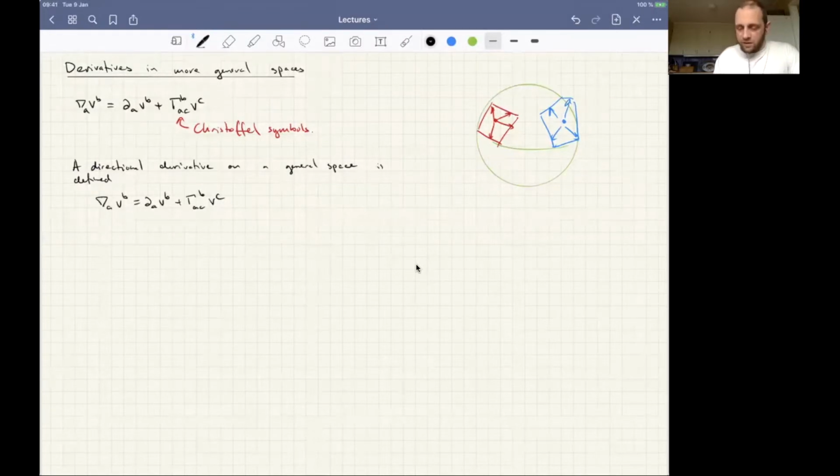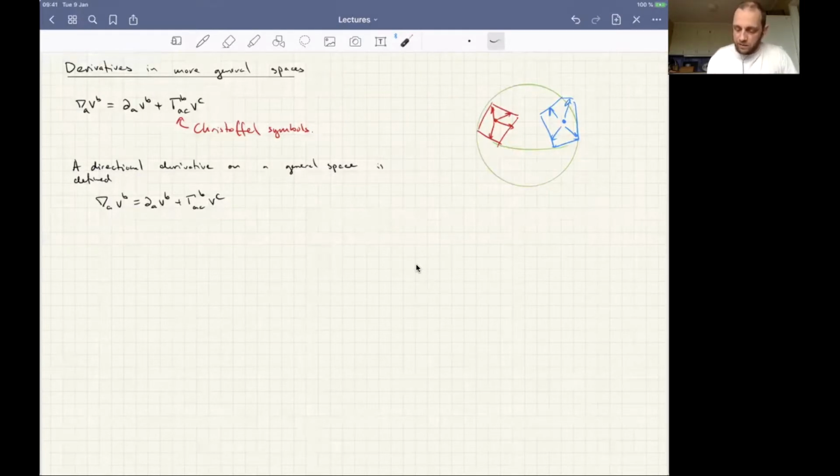And there are actually several different ways that we can do this. For example, on the sphere, we could say that vectors don't change if they are pointing in the same bearing, so to say. A vector at this point pointing north, and at a different point pointing north, we could say that they are pointing in the same direction. And that's one possibility of saying that things don't change.